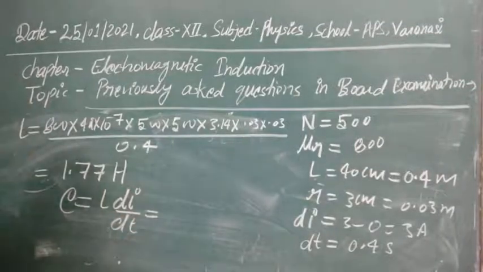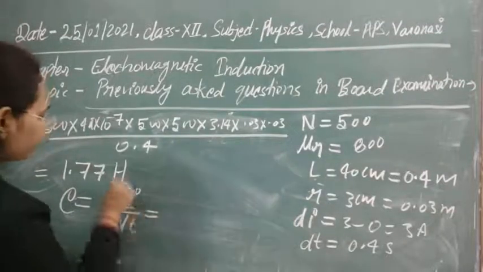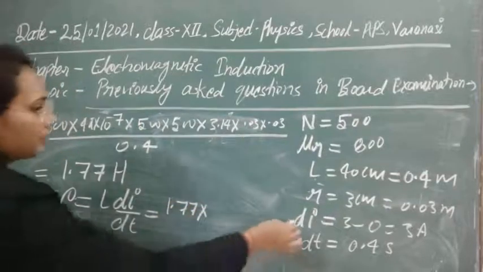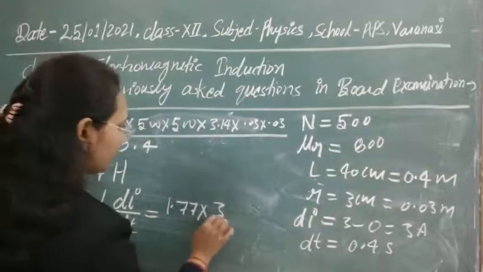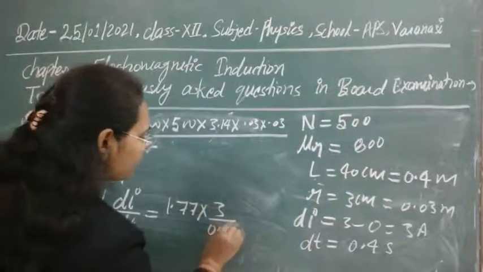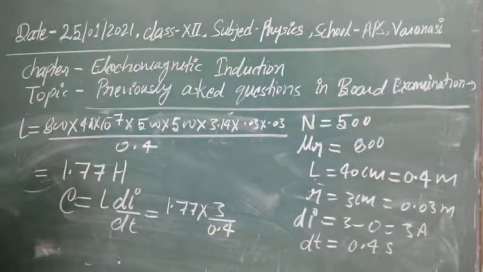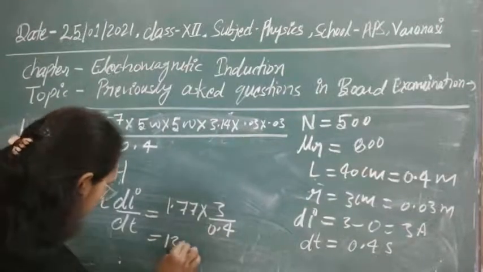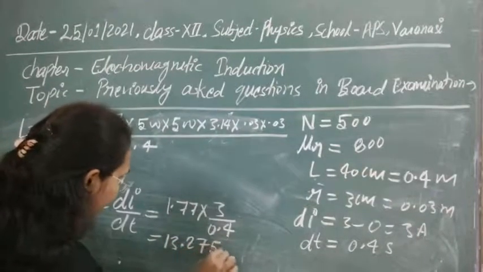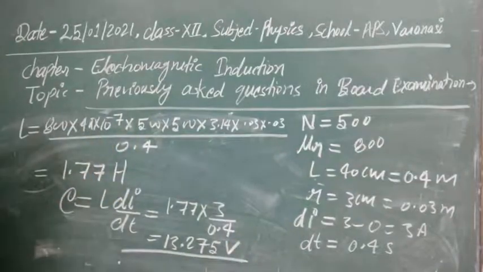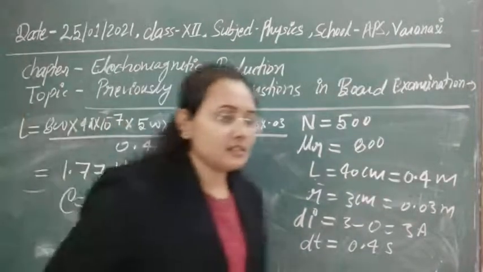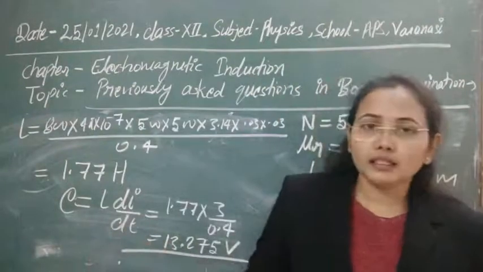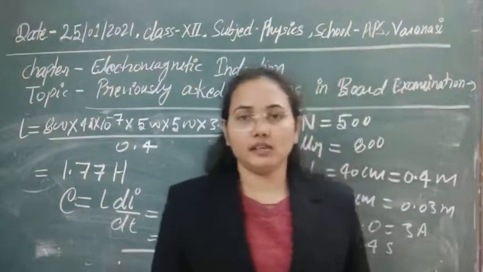The value of L is 1.77, into di, that is 3, and dt, that is 0.4 second. After calculation it is 13.275 volt. So this is our answer. This is the induced EMF that is generated in the coil of the solenoid.